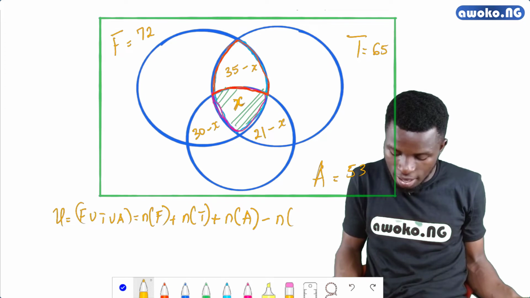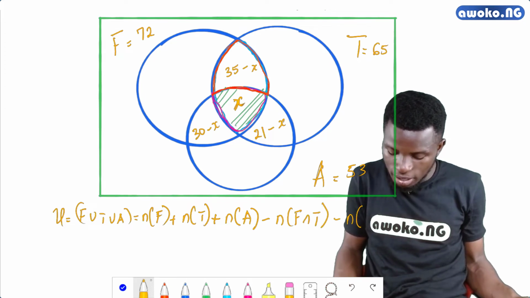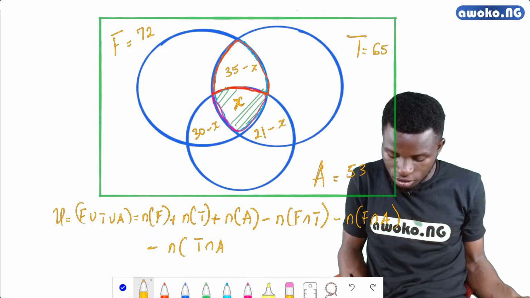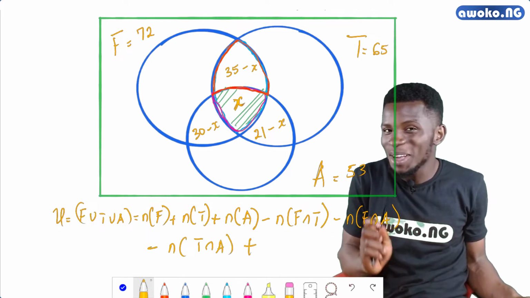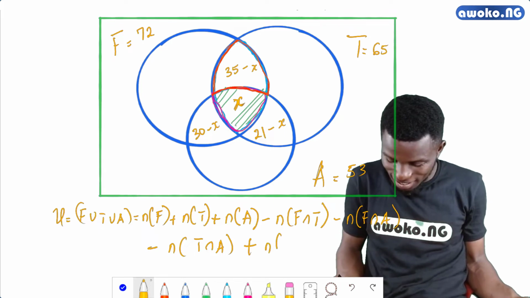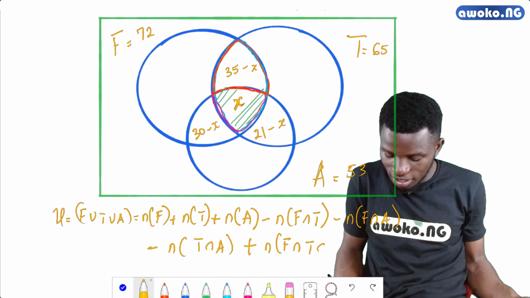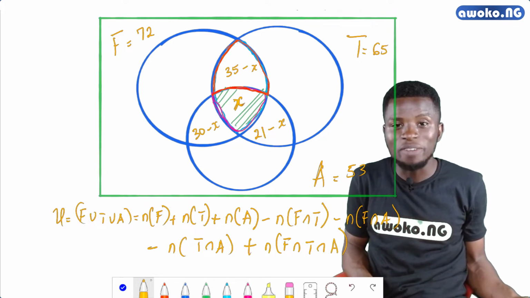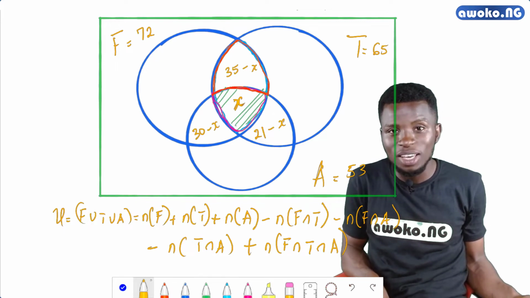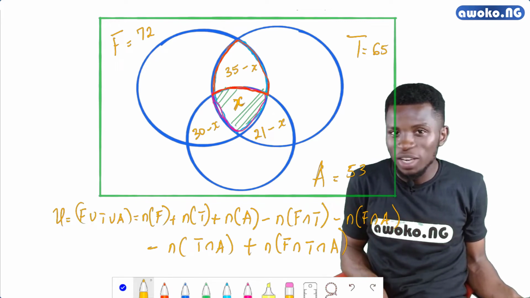Minus N of F intersection T minus N of F intersection A minus N of T intersection A, then plus the intersection of the three banks. So we have the number of F intersection T intersection A. And since this is done, we have to substitute the values into the equation.